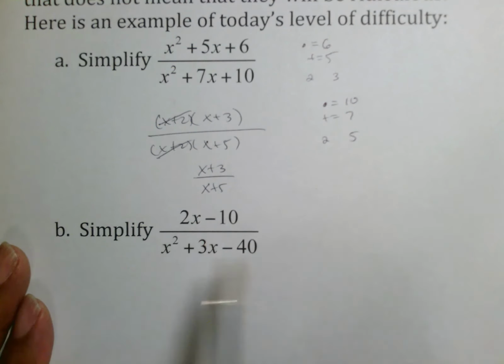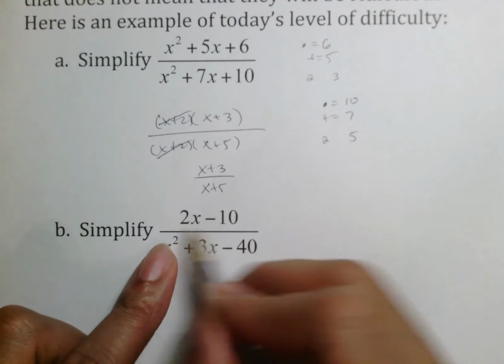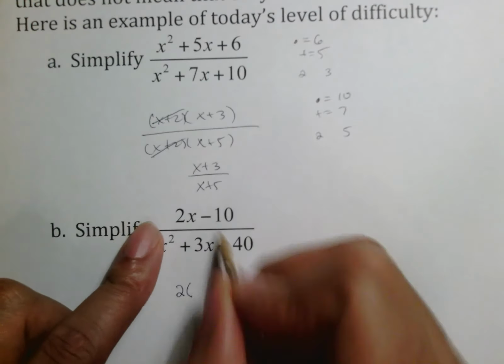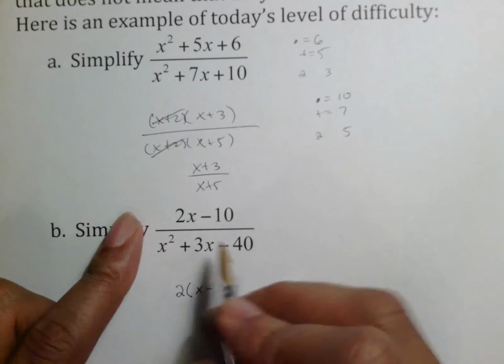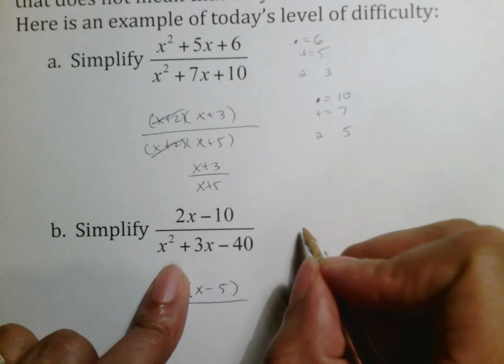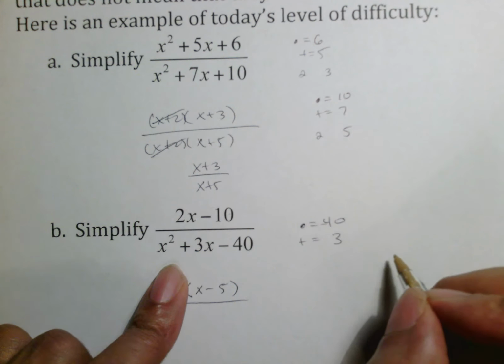Simplify 2x minus 10 over x squared plus 3x minus 40. Again, when we see this one, we remember that there are two terms, so we take what we can off of that. That means I can take off a 2, and I am left with x minus 5, because remember, you take the 2 off, 10 divided by 2 is 5. Down here, I'm looking for numbers that multiply to be negative 40 and add to be a positive 3.